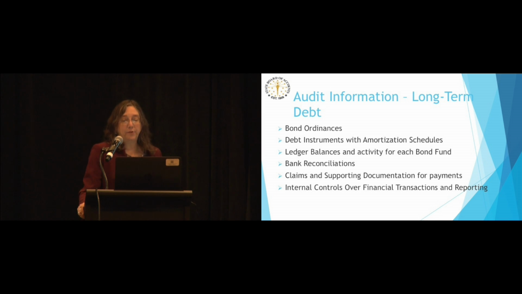In order for us to place an opinion on that new debt note, we have to review the supporting information and make sure the numbers are correct. There may be additional information they ask for depending on the particular debt, but this is the basic information they're going to need each time. So try to have this information available.